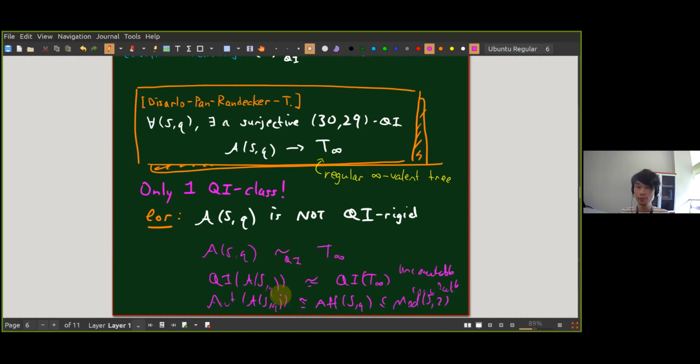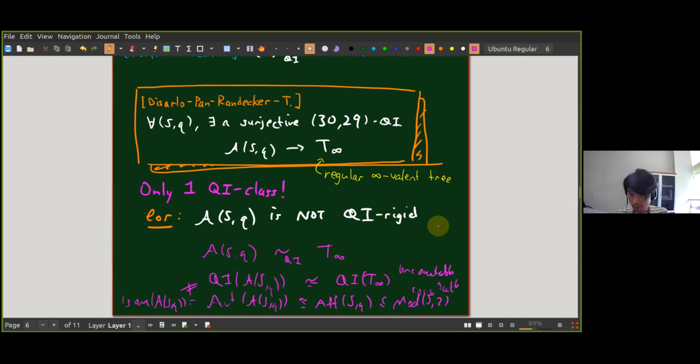This is basically the same as the isometry group of the graph. There is no way for the isometry group and the QI group to coincide just by looking at cardinality. So that's a corollary showing that we don't have QI rigidity for the saddle connection graph.